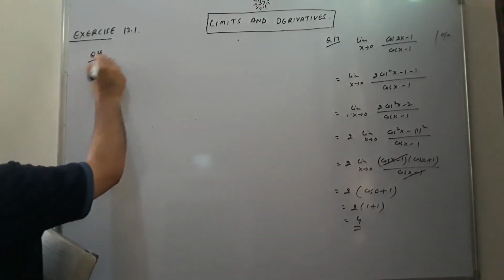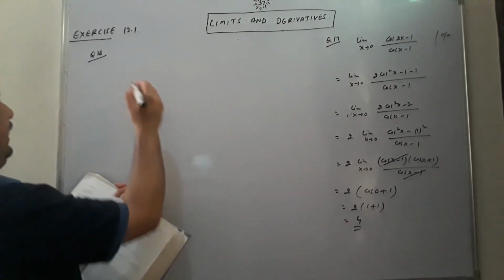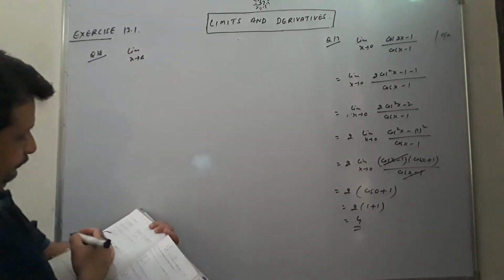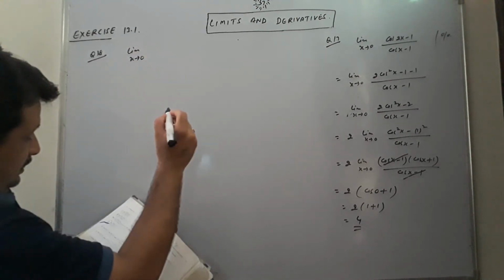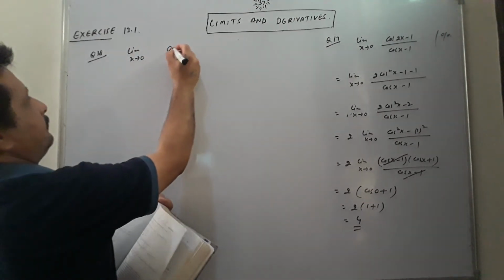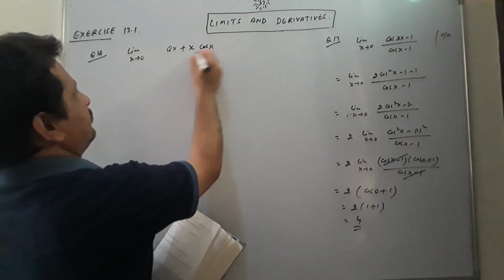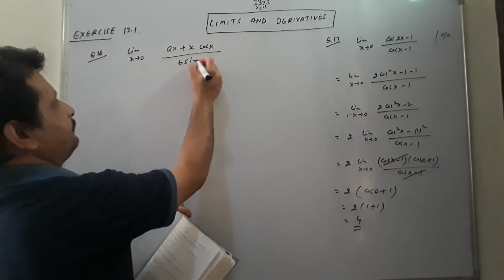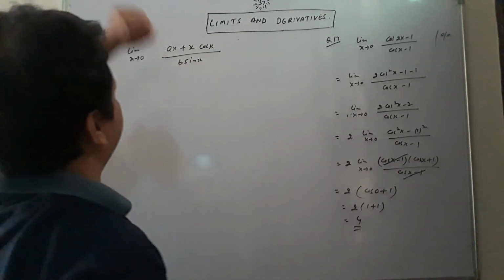Here is question number 18, students. In question number 18, limit x tends to 0 of ax plus x cos x upon b sin x. Now what am I doing in this question?